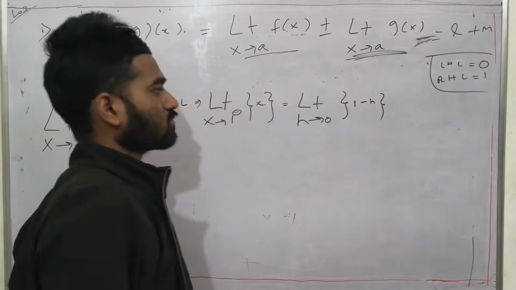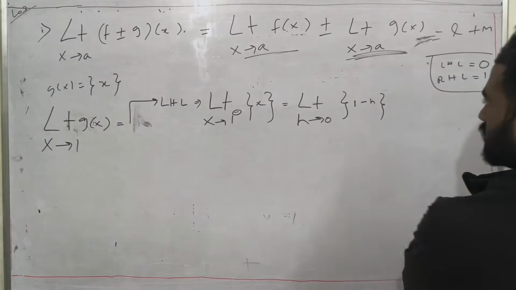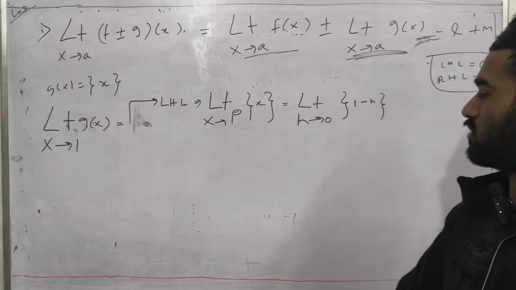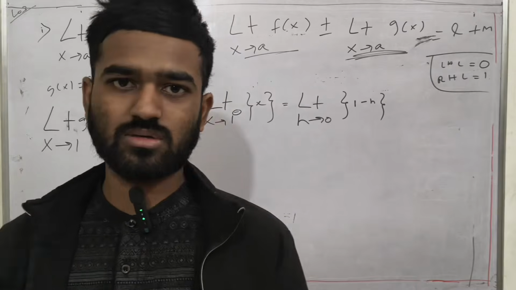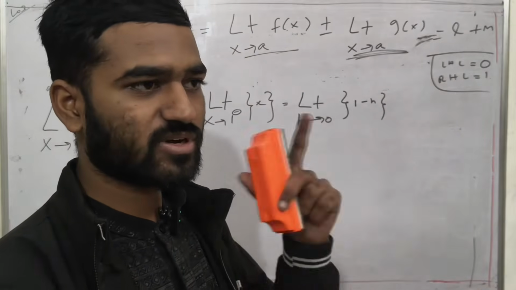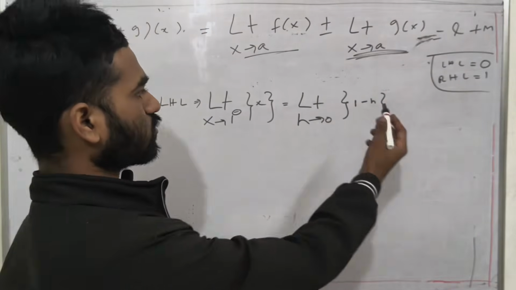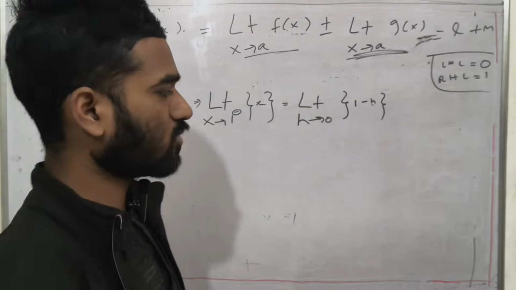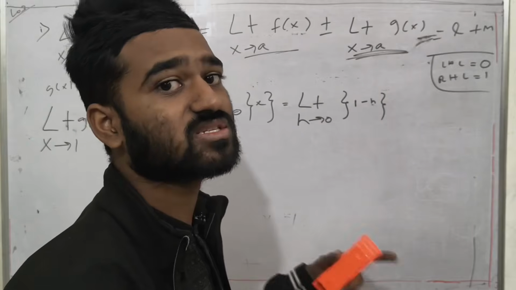Students, you know the flower part varies between 0 and 1. It is always positive. Since h is positive here, 1 minus h is less than 1 and 1 minus h is greater than 0.